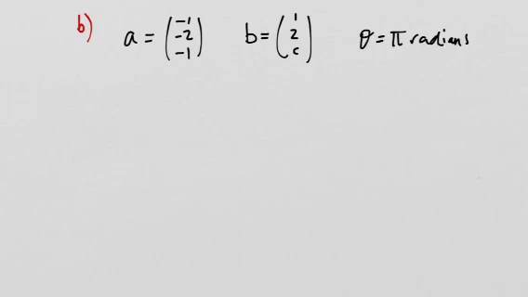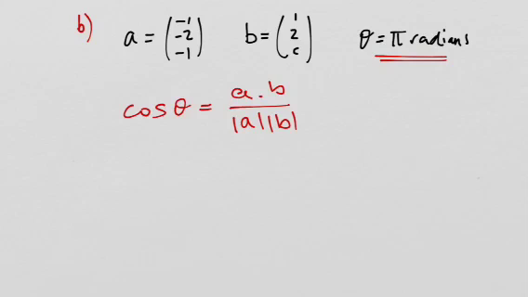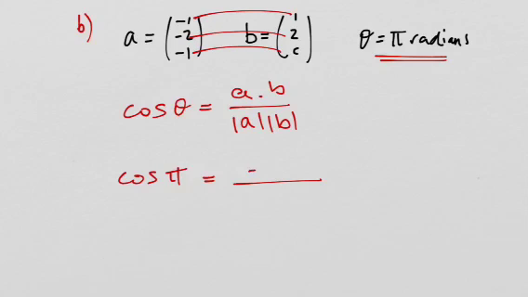That's quite easy. Now, part B is the hard bit in the homework sheet. Question tells us that the angle between them is pi radians. Now we're going to use the formula cos theta equals A dot B over the length of A times the length of B. So cos pi is equal to, now A dot B is negative 1 times 1, negative 2 times 2, negative 1 times c, all added up.